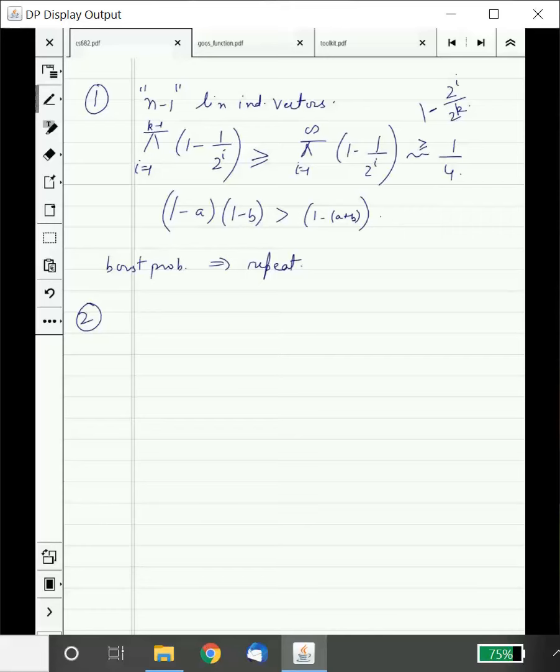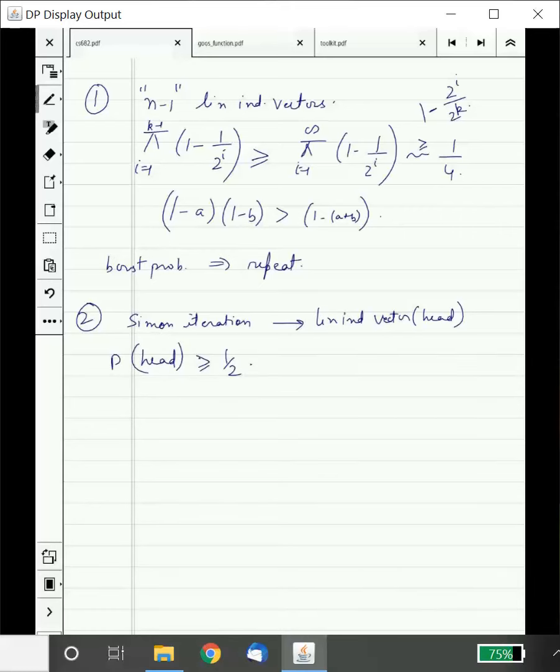Let's say every time I do a Simon iteration, or I measure a coset state, if I get a linearly independent vector, I call it head.